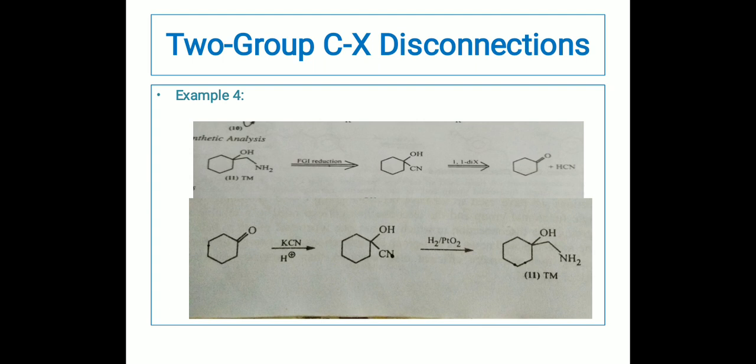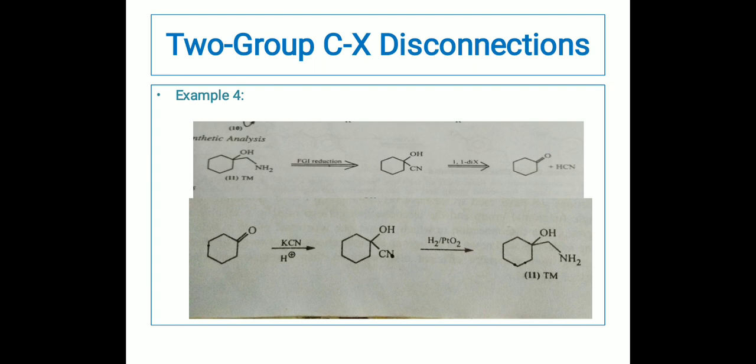So now these synthetic equivalents can be used as starting materials, that is cyclohexanone in presence of HCN or KCN. Make sure that both are the same: if you're using HCN, use HCN in the synthesis, or if it is KCN, then use KCN for the synthesis.